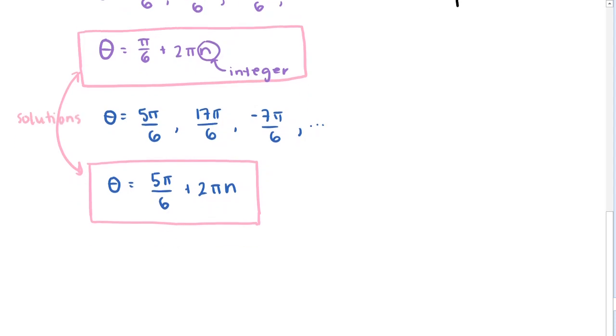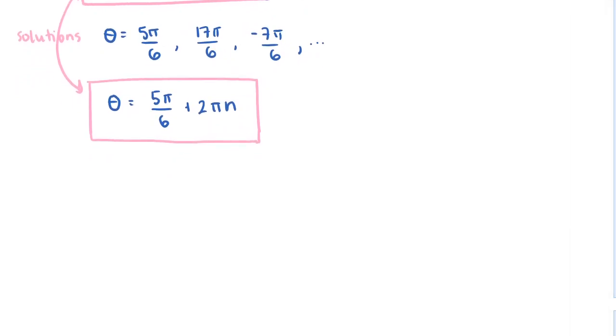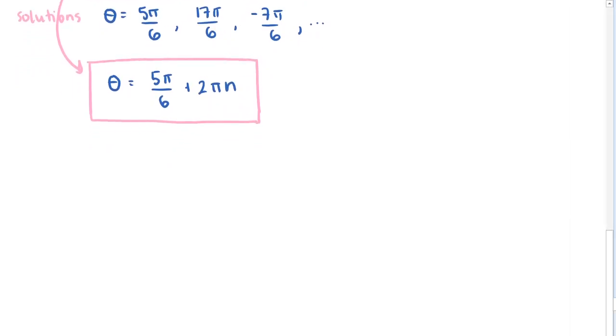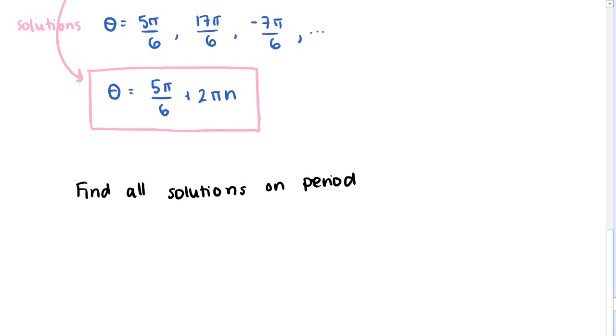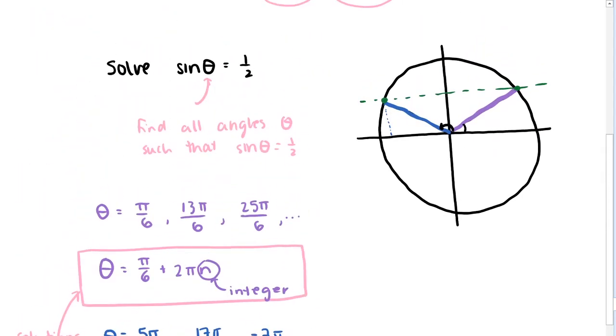And so the idea with solving this example of a trigonometric equation is that we wanted to find all solutions on one period of our trigonometric function first. When we look at this picture here, we found all the solutions on one period from 0 to 2 pi. We found the solution pi over 6, and we found the solution 5 pi over 6.